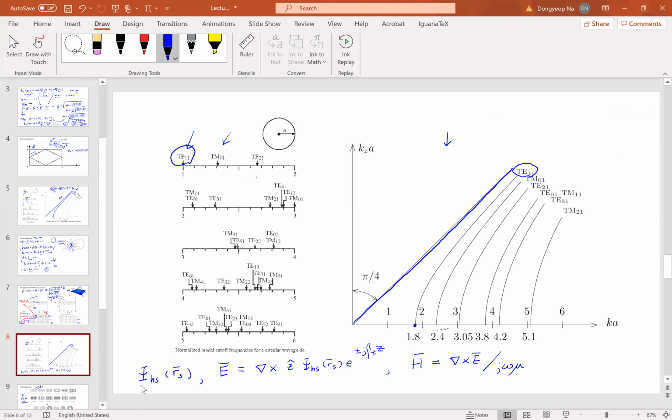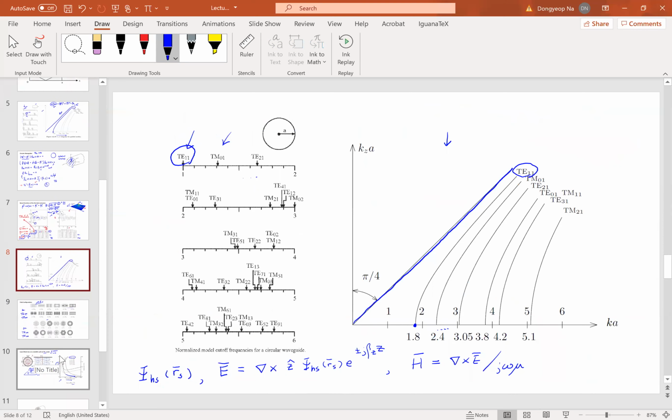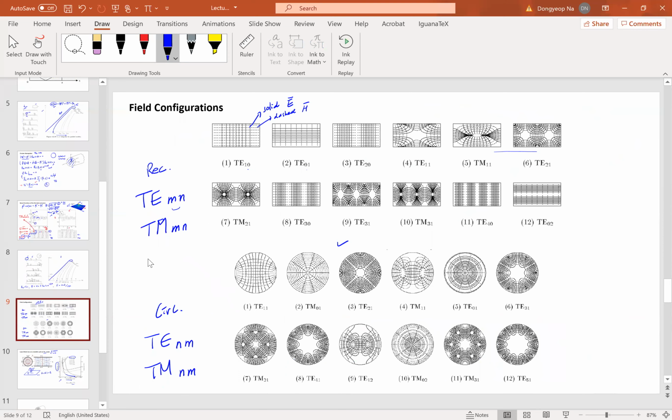So using this transverse field profile that we have obtained, we can evaluate the whole field component, electric and magnetic field, by using Maxwell's equations. If we draw this transverse field profile, then we can intuitively understand their behaviors.